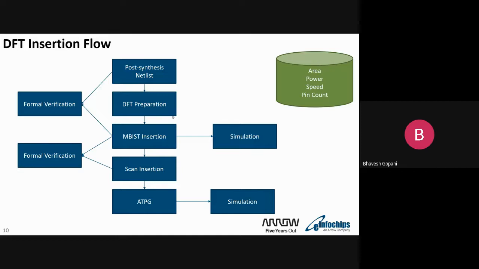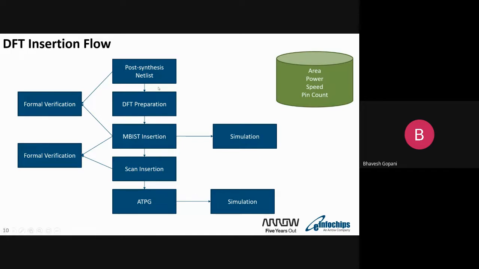I can consider that as the DFT preparation. Once everything is defined, one more thing I missed is that memories are also very important. How many memories are there in the design, and what is the plan for memories, how can I test the memories? Those things also come in the DFT preparation.